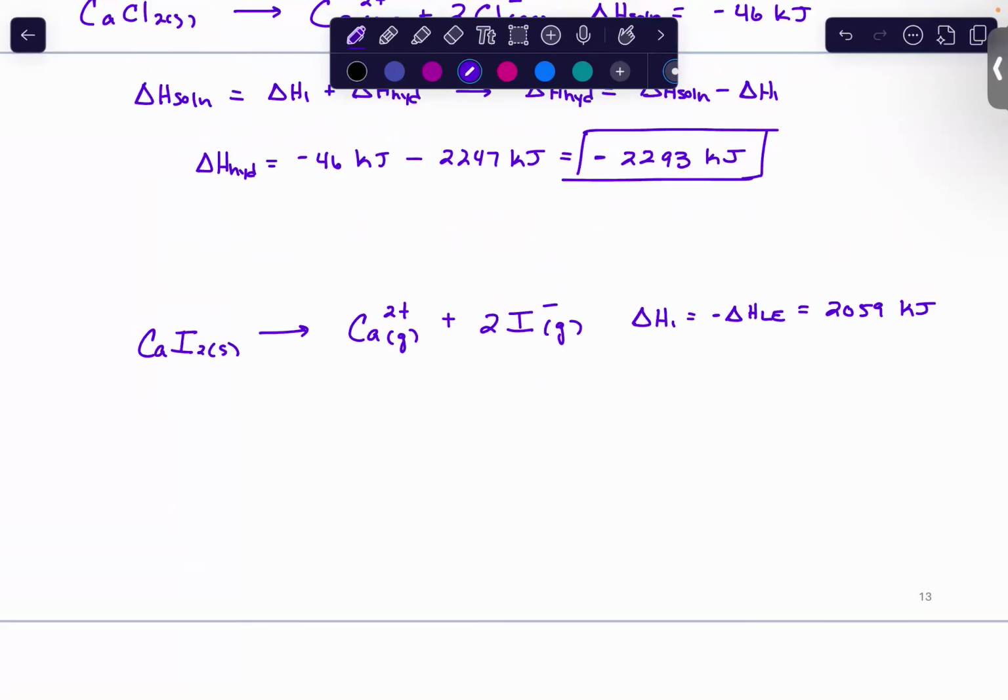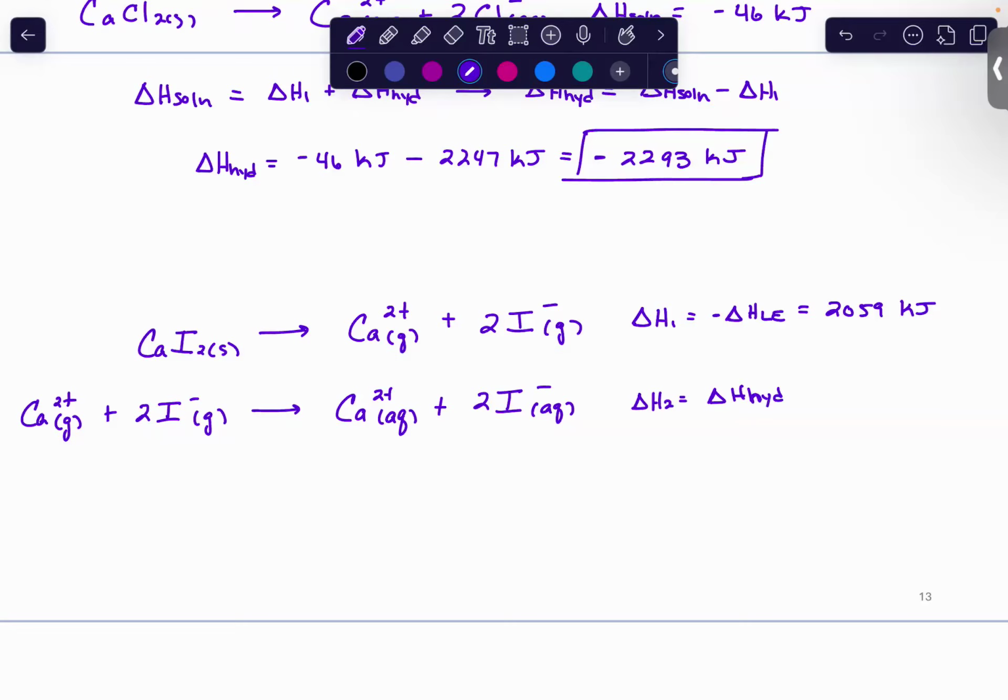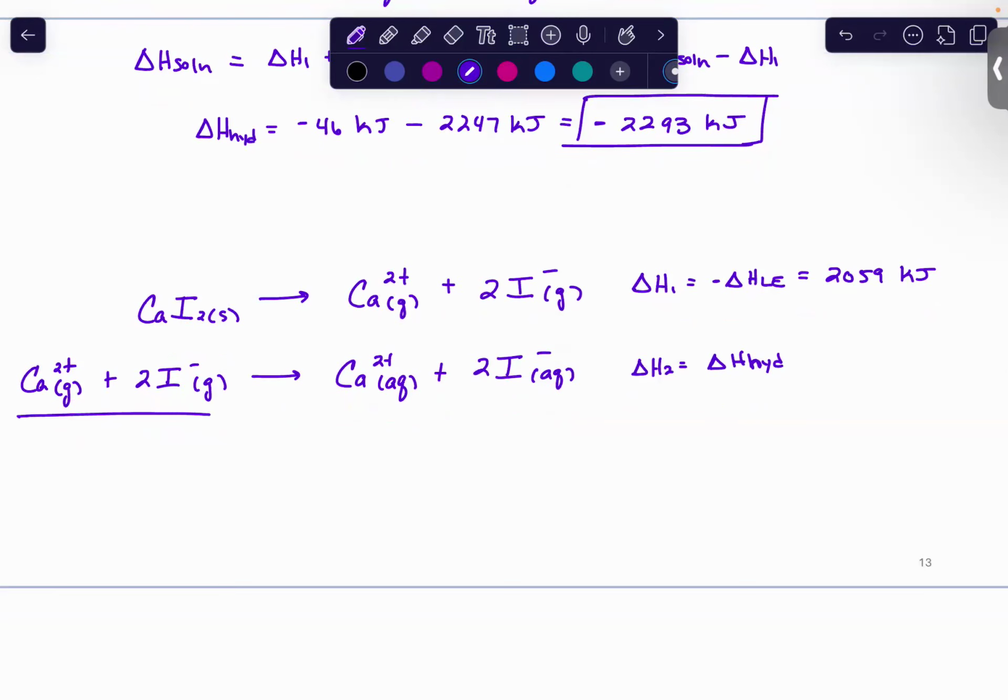All right, now we're going to do the hydration phase. So that's our enthalpy of hydration. Now we're going to add everything by Hess's law.